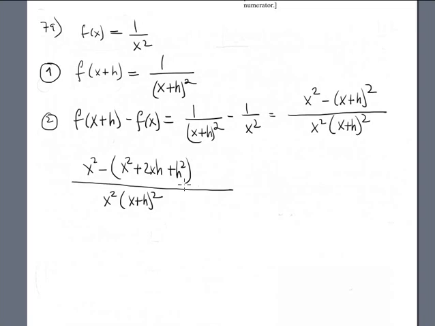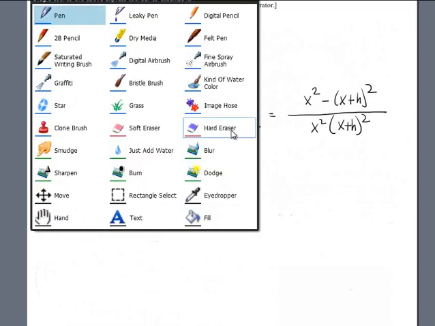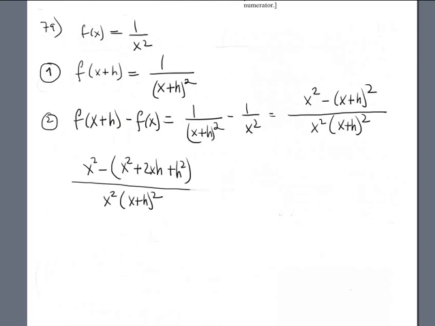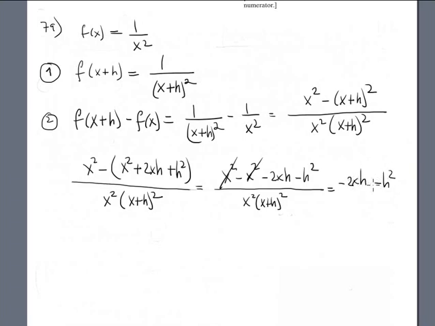So this is equal to x squared minus x squared minus 2xh minus h squared, and this cancels out. Then so far it is minus 2xh minus h squared over x squared times (x plus h) squared.